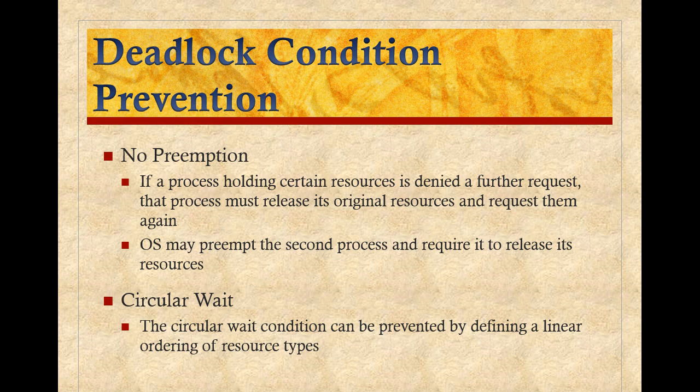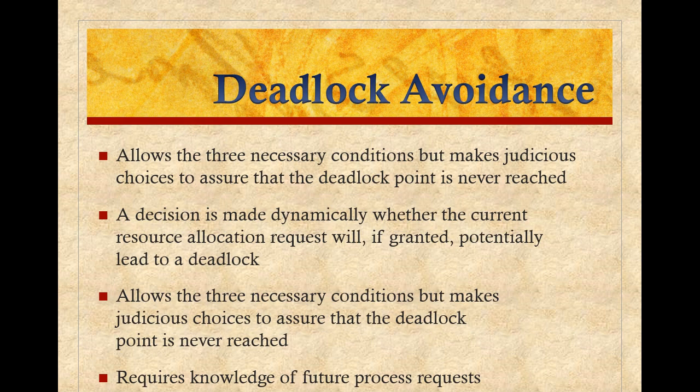Now the third one is no preemption. If a process holding certain resources is denied a further request, then that process must release its original resources, so that the third condition does not occur, otherwise deadlock will occur. Now the last one is circular wait. The circular wait condition can be prevented by defining a linear ordering of the resource types.